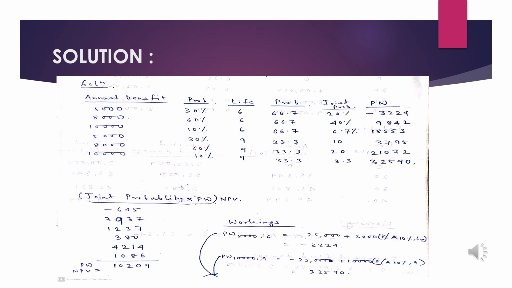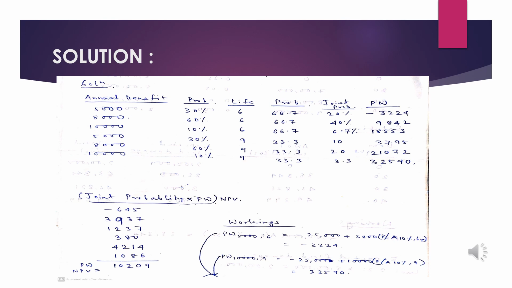Now, one single thing we need to consider here is the calculation of the present worth value. How do we convert to that particular present worth value? If you go back and look at the workings of this particular sum, for 5,000 over 6 years, there is an initial investment of 25,000 which is already at present worth, so that is negative 25,000, which has no transformation because it is a present to present transformation.